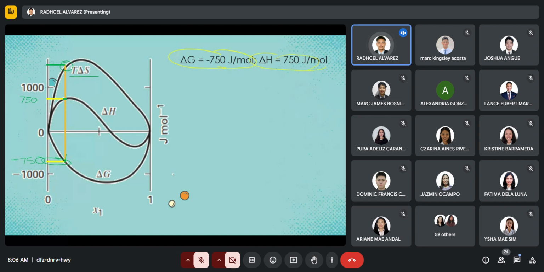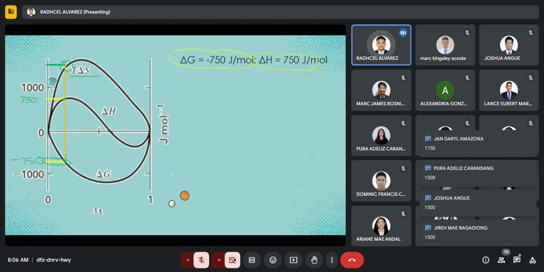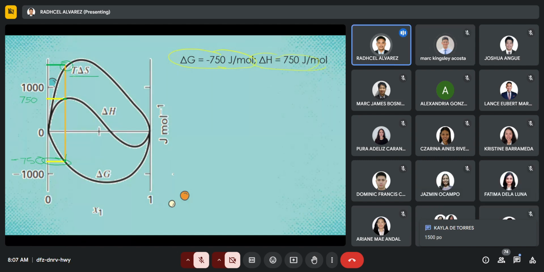Ito 1,000. Tapos, lumaki lang siya ng konti. Sa tingin nyo, anong value ng ating T delta S? 1,500 po. Okay, very good. So, meron tayong T delta S na 1,500 joules per mole. As easy as that, meron na tayong value ng ating T delta S.